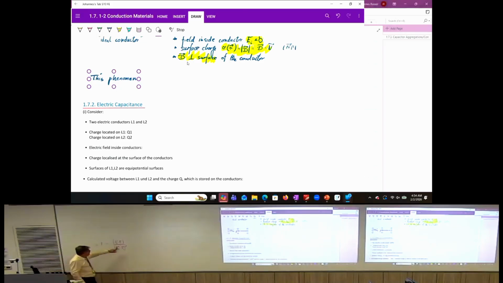So why do you have this to the power of 3? That is because you have this dependence on the magnitude of the distance vector to the power of 2, which gives you the dependence on how the magnitude decays with the law 1 over distance squared.